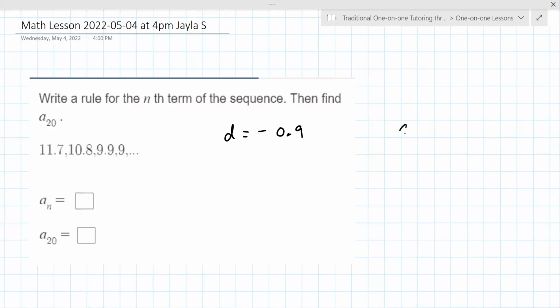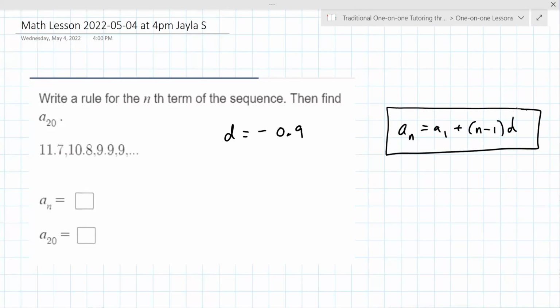Now there's this formula: a_n equals a_1 plus (n minus 1) times d. That is always correct. But what I suggested, if you recall from last time, was that we figure out what would go here. Imagine going the other direction. What would go here? If you need to, use that calculator, but tell me the number that would go into this position.